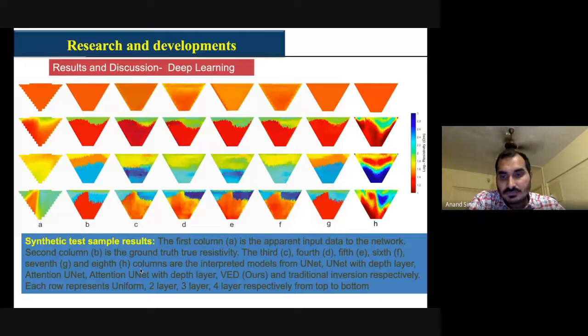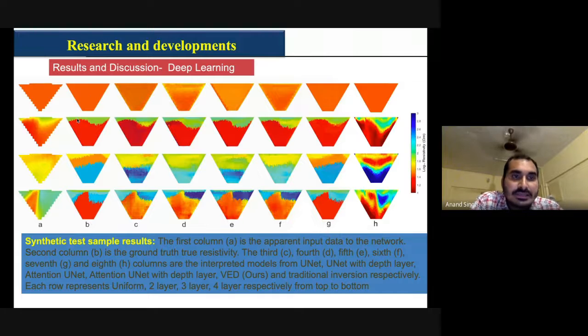We have the U-Net, the attention U-Net, the U-Net with the depth layer, the attention U-Net with the depth layer, and the VED, which is our result. This is the field data set which we provided to our networks to see what image the different networks provide. This is our true model.